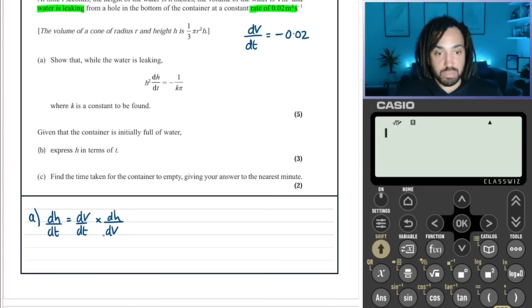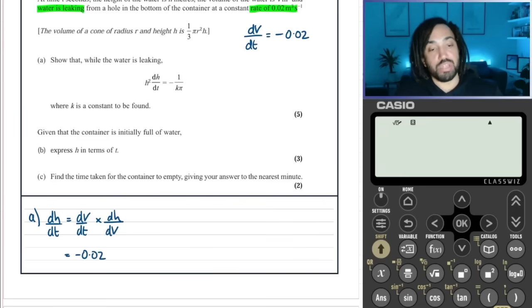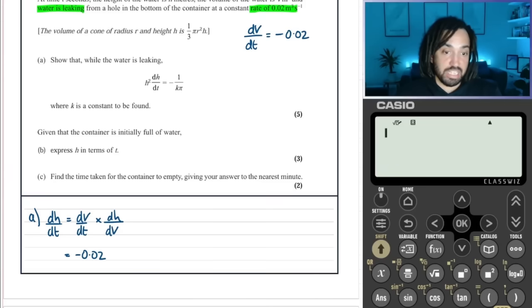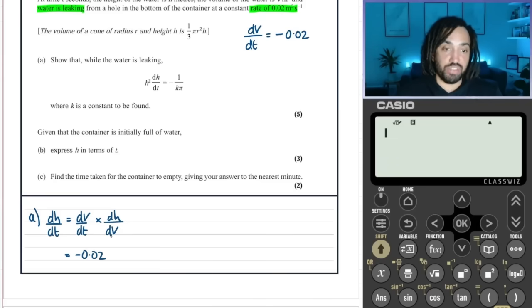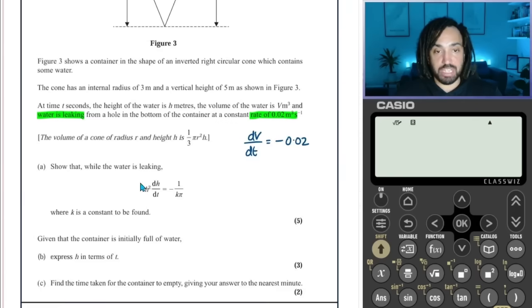Okay, so what I need to work out, because we already know this is minus 0.02, is dh by dV. So I need an equation that links h and V. So let's go back up here.